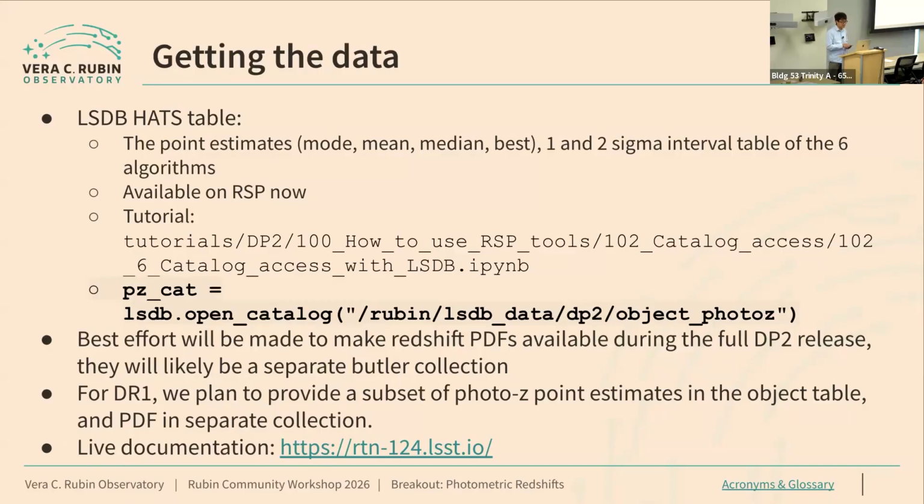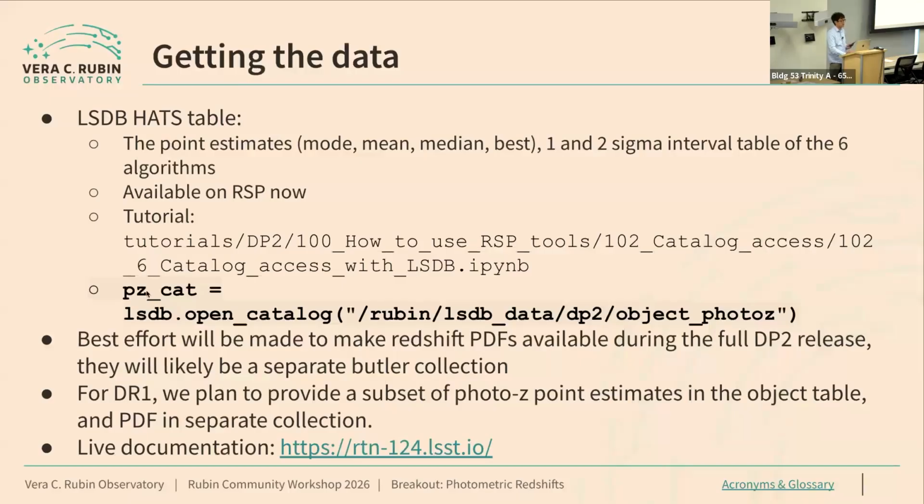It's available on RSP now, and there's a tutorial in the official RSP tutorial section about accessing with LSDB, and you can find the Photo Z in one of the sections in that notebook.